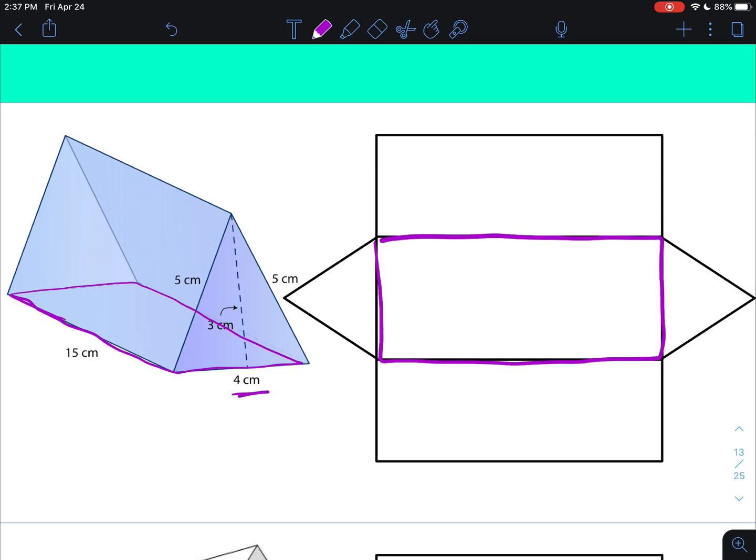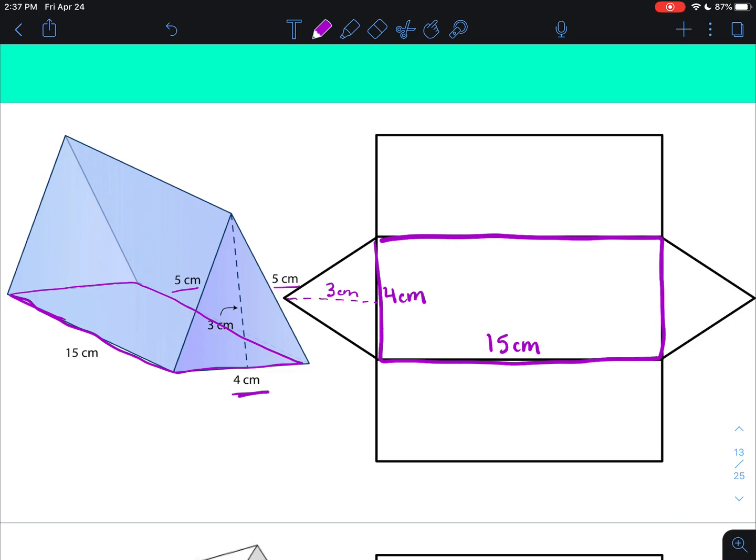And from there, that's how we're going to label it. If you notice, the base of the triangle and the side of that rectangle are both 4 centimeters. And then the length of that is 15 centimeters. And then you can do the height of the triangle, which is 3 centimeters.